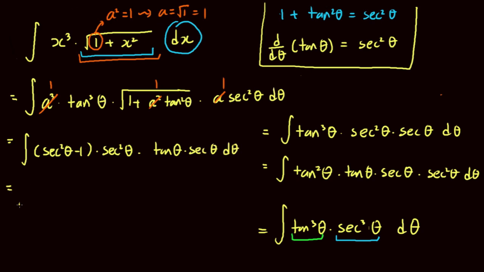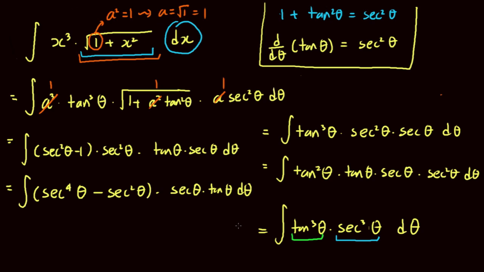So what we're left with is sec to the power of 4 theta minus sec squared theta, times sec theta tan theta d theta.